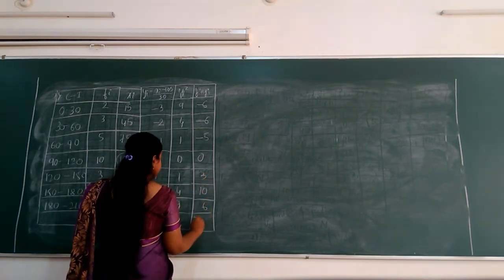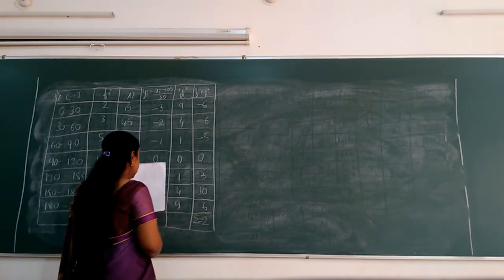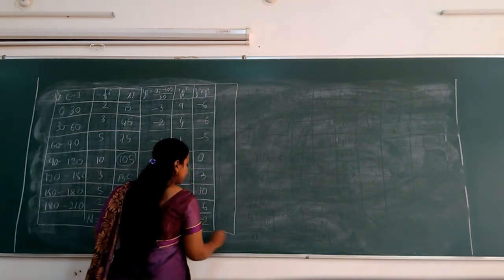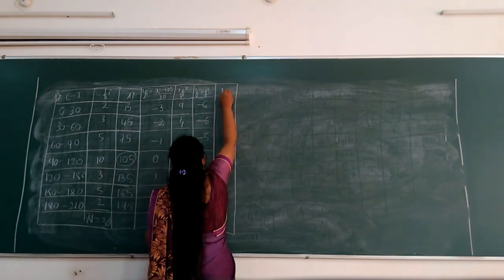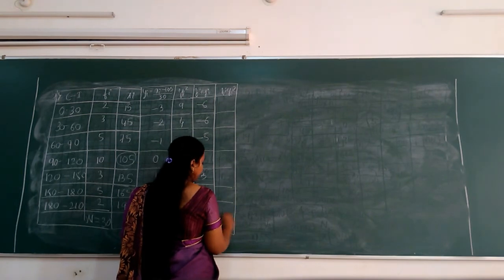So the total sum will be equal to 2. This is fi into yi. Next column is fi into yi square. Knowing these values, we can easily calculate our variance.